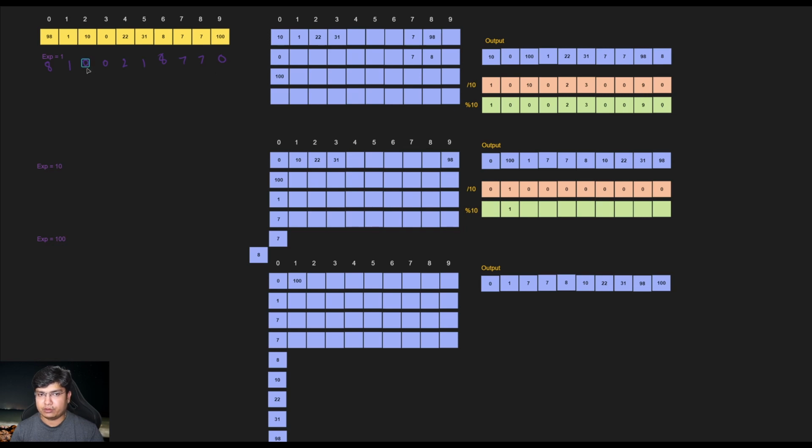Like if I have to count how many zeros are here, then it would be 3. So either you can use the arrays to implement this bucketing mechanism, and then take out the numbers and repeat, rinse and repeat, or you can just take these numbers and apply count sort on it.